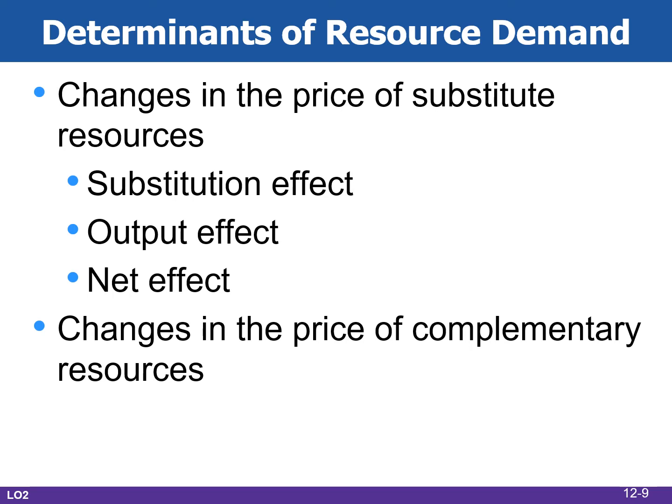If the output effect, the total increase in production associated with the less expensive machinery, outweighs the substitution effect, there may actually be an increase in the demand for labor.